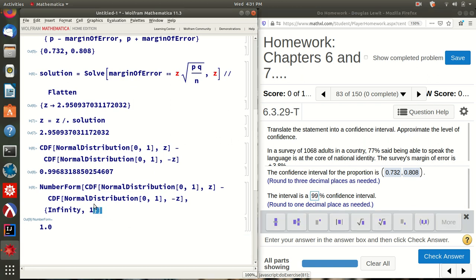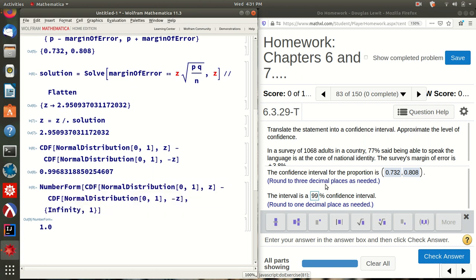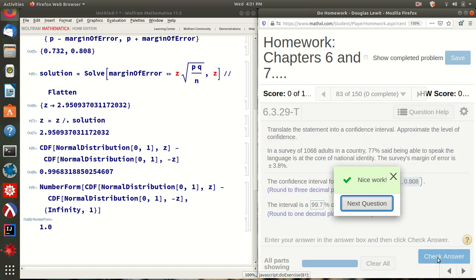For some reason, this isn't really working as expected, but that's okay. So the interval is a 99.7% confidence interval. Okay, which is correct. So I simply rounded this out.